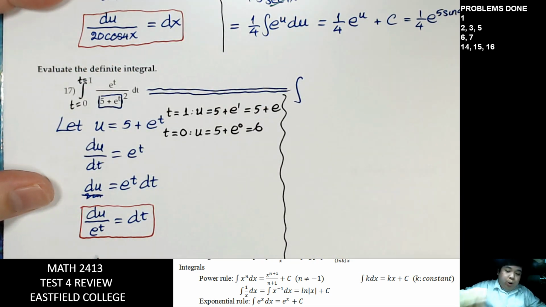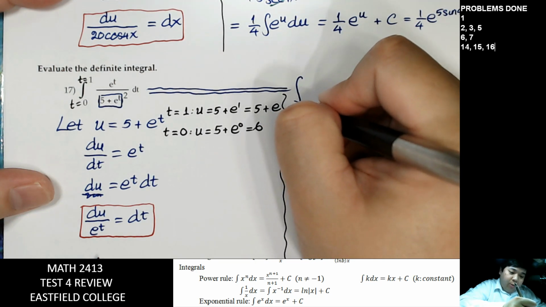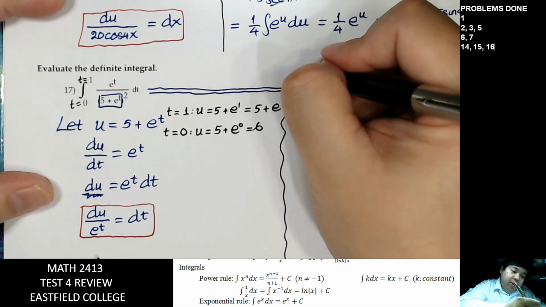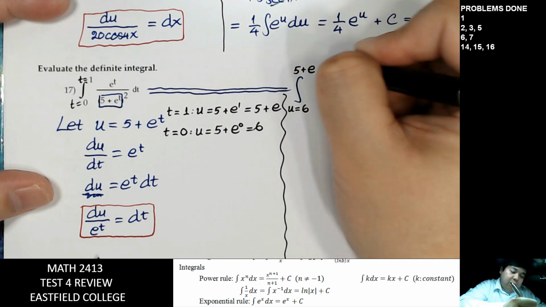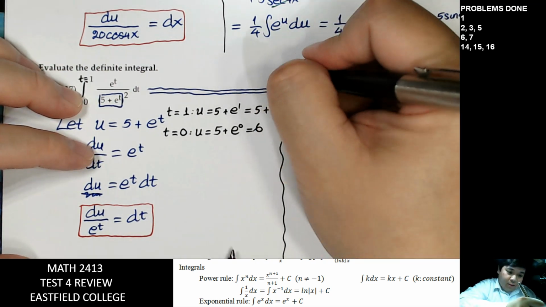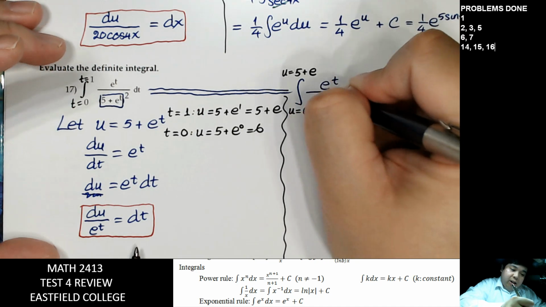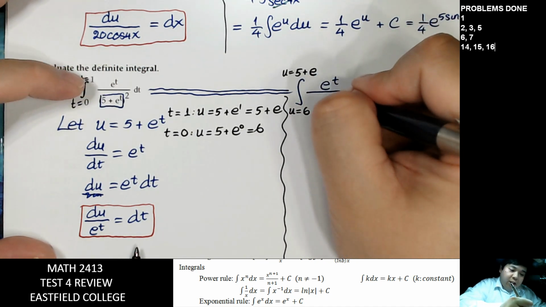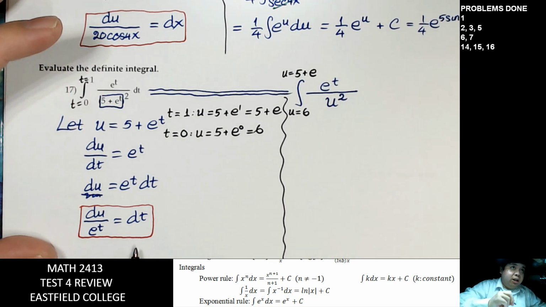Now we go to u, go from 6 to 5 plus e. E to the t is still there. 5 plus e to the t is u. We still have the square.